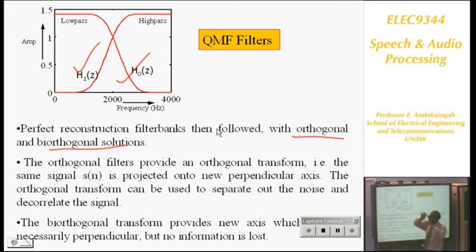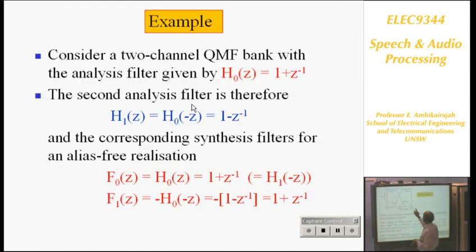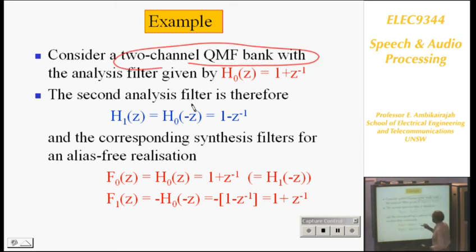I've only shown you a two-structure waveform, but we need to develop that further. So there are a couple of examples of a two-channel quadrature mirror filter bank. That's the basis for it. I have given you one transfer function. From that, you can obtain all the other ones. Remember the 4 filters in a quadrature mirror filter.